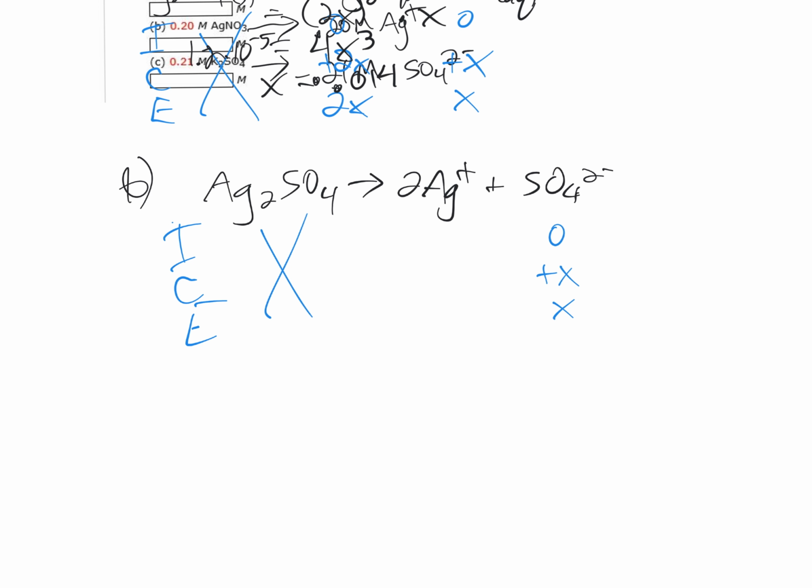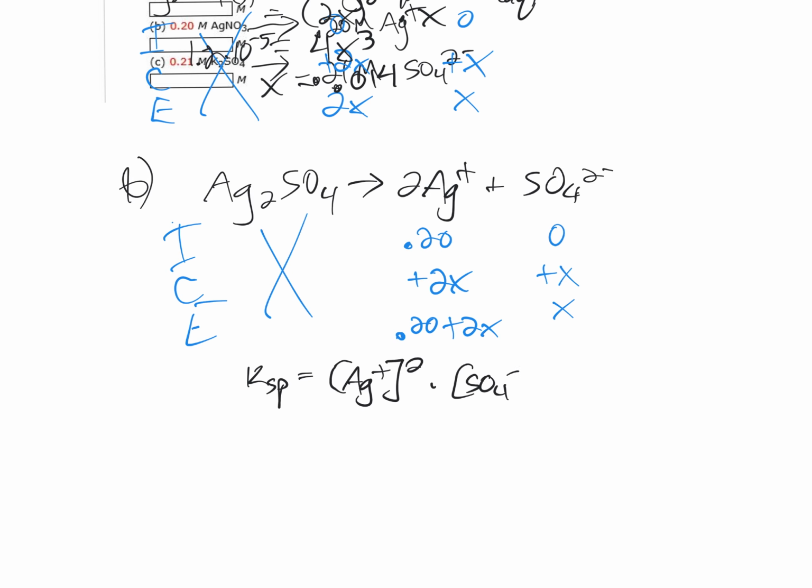But the silver concentration initially is not 0, it's 0.2. We still add 2x to that, and we end up with an equilibrium concentration of silver that's different than what we had before. Don't forget to square the expression when you plug into the KSP expression.